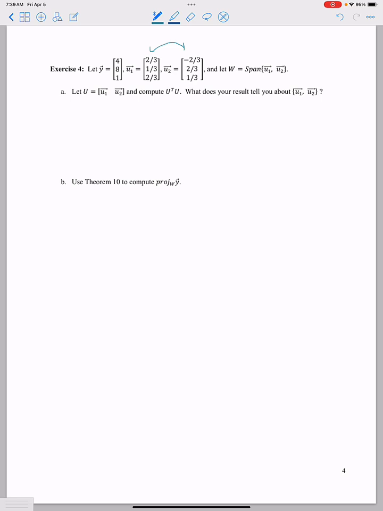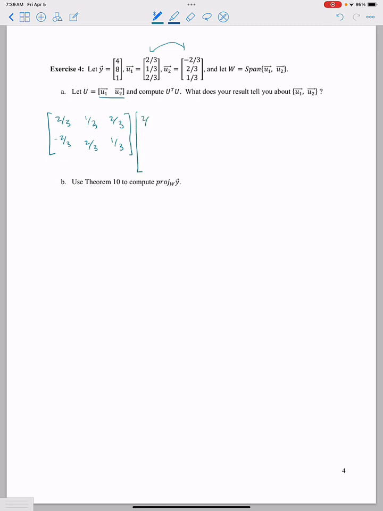So let U be the orthonormal columns, and I want to compute U transpose U. So U transpose means I'm going to have 2/3, 1/3, 2/3, and negative 2/3, 2/3, 1/3. That's the transpose, so instead of the columns, they're rows.